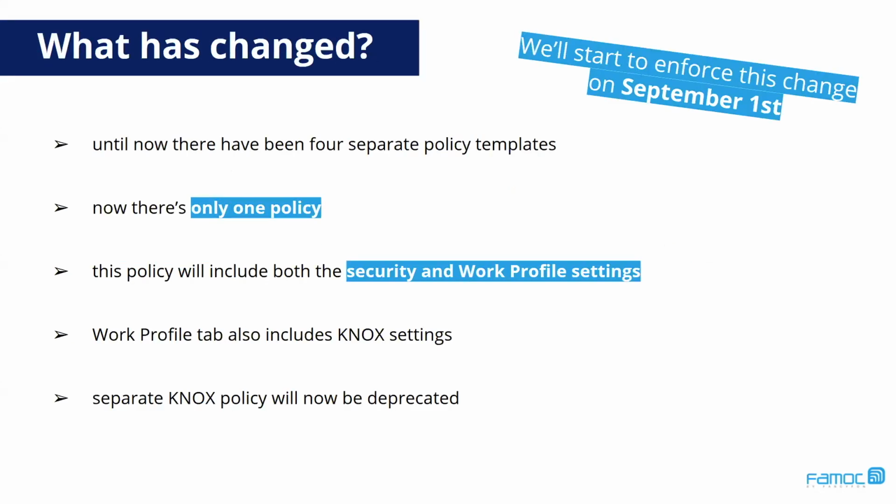So what has changed? Until now, we had 4 separate policy templates: a general policy template, security, work profile, and NOx. Now there will be only one policy, one template that will include all those settings, security and work profile settings, and also the work profile tab will include NOx settings, because the separate NOx policy will now be deprecated.